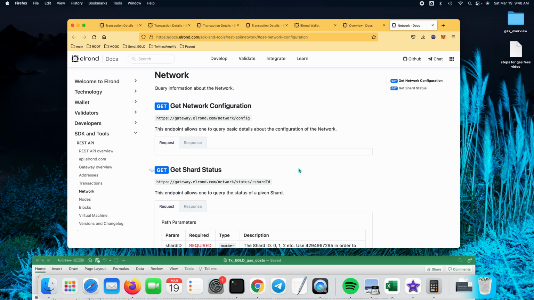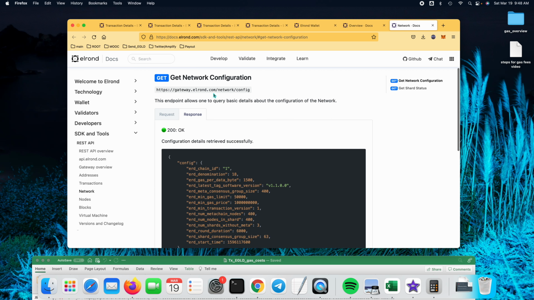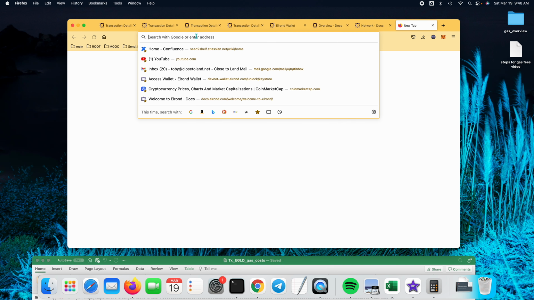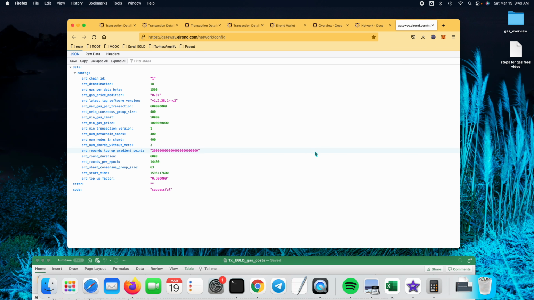Here we have some REST API calls that we can make. And the first one is the get network configuration call. And they give you an example right here, but we're going to actually run it. You can do this in your browser if you just want to look at it. When you run this, it is going to give the most current parameters, which will probably change.